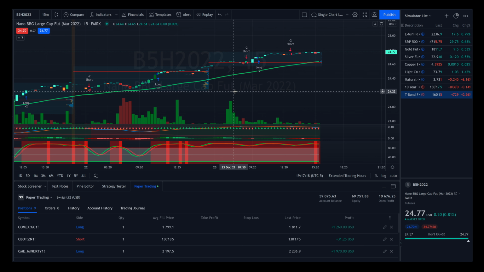But so far, the Bloomberg stuff on the Fair Exchange, I think they also just released a micro crude, and I was confused by that because it has the exact same values as the micro crude that the CME has.